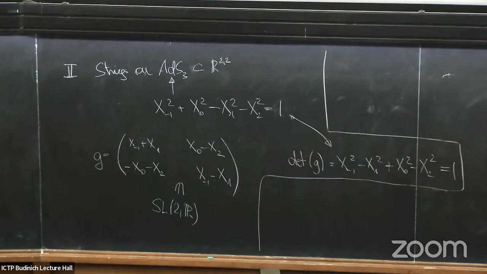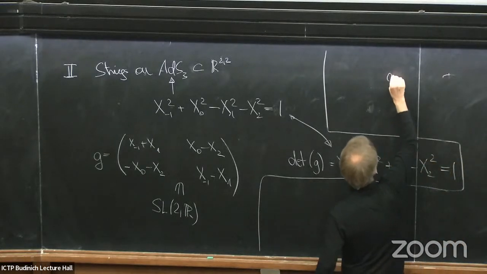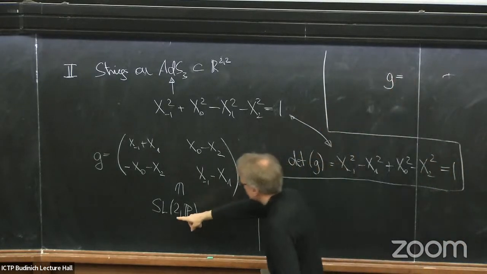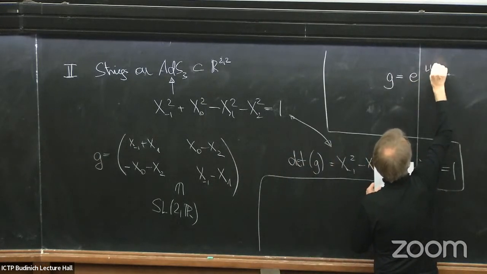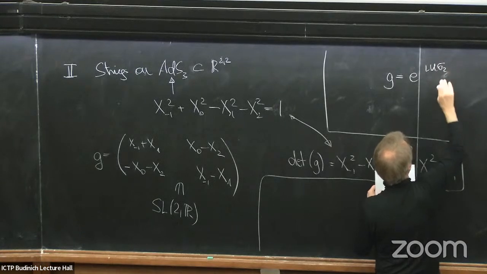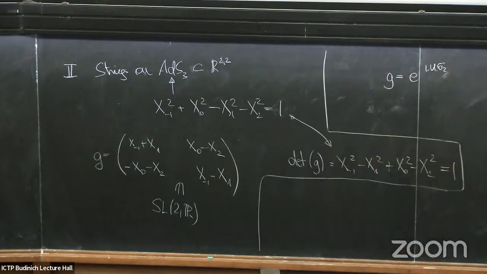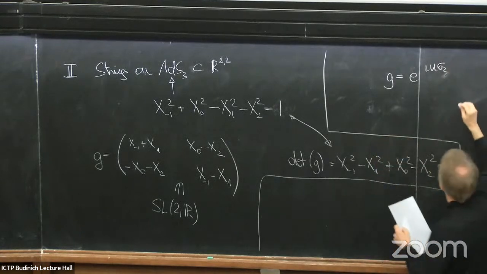Now, to understand this more geometrically, if we want to describe it in terms of global coordinates, we parameterize this group element inside SL(2,R) as e^{iuσ2} e^{ρσ3} e^{ivσ2}. Unfortunately I have to introduce some notation now, so please bear with me.